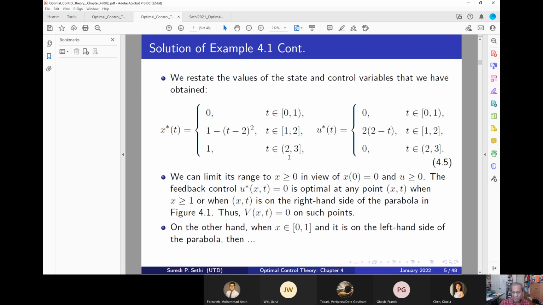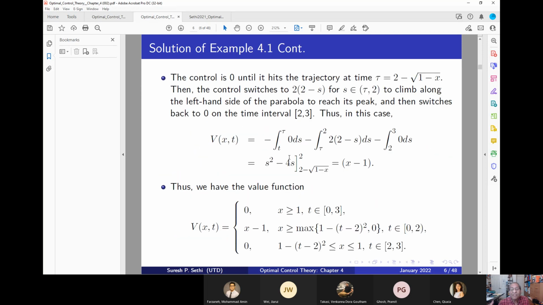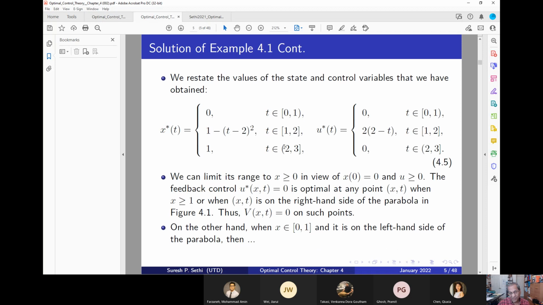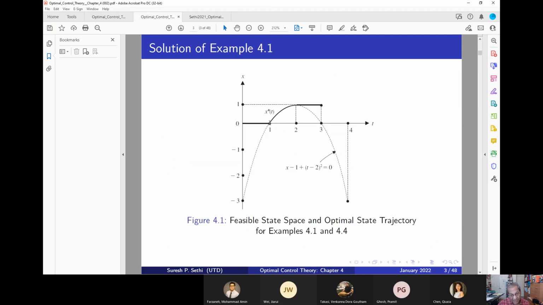And so I need to have a discontinuous lambda, which means the maximum principle must allow discontinuity in lambda at these kinds of points, at the points where the state constraints are active. Maybe this point, maybe this point. There may be a possibility of lambda being discontinuous.